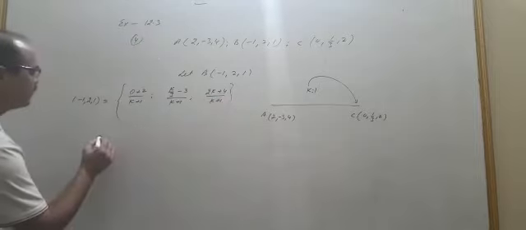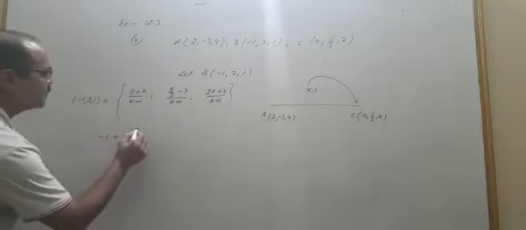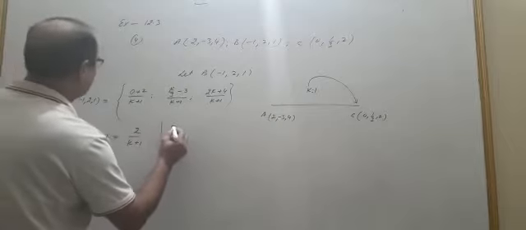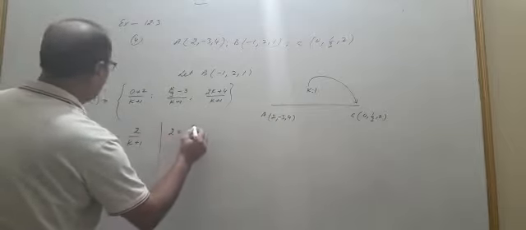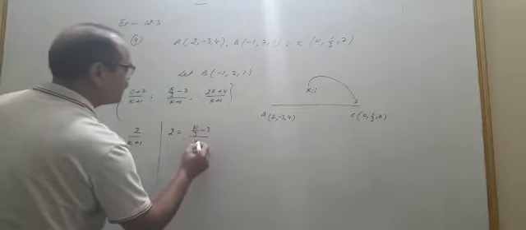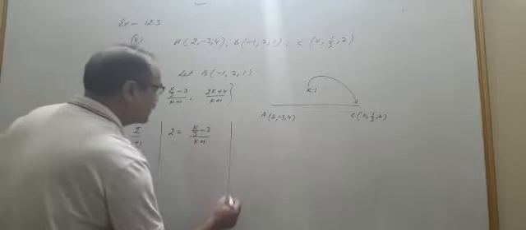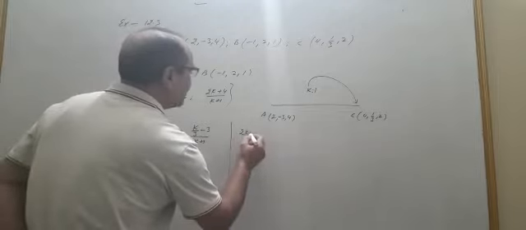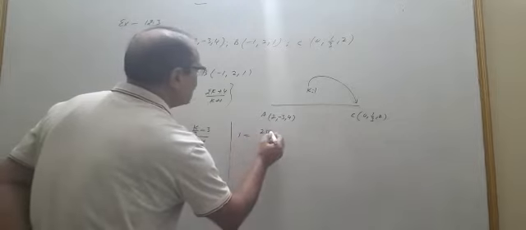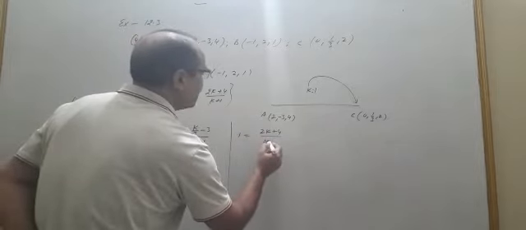Now comparing the points, -1 is equal to 2 upon K plus 1, and the second, 2 is equal to (K by 3 minus 3) upon K plus 1, and the third, 1 is equal to (2K plus 4) upon K plus 1.